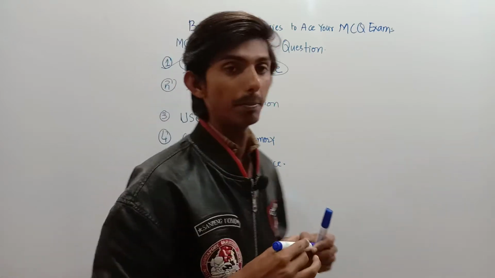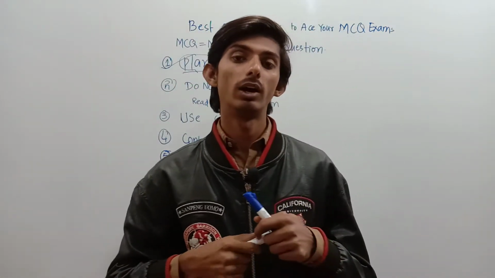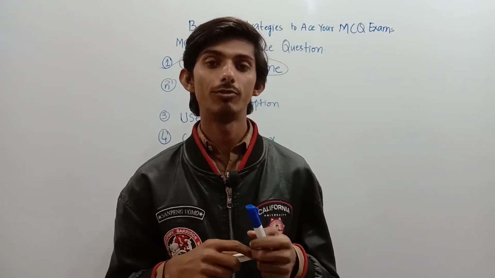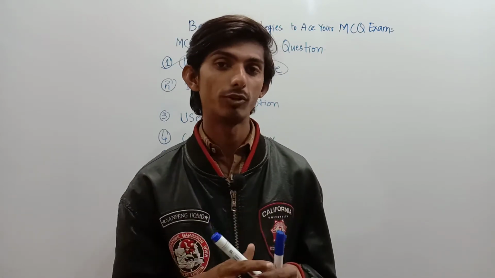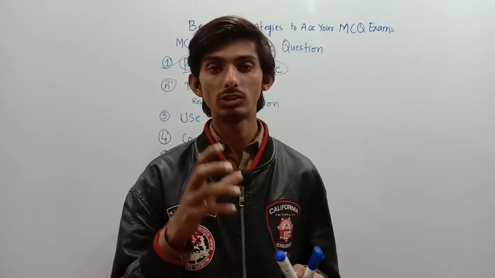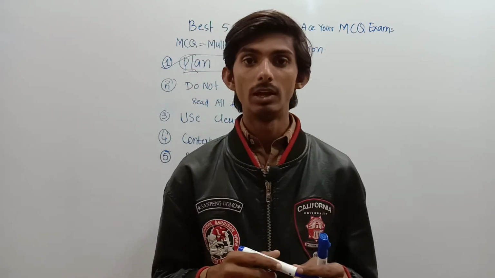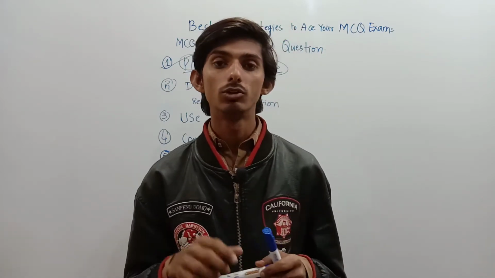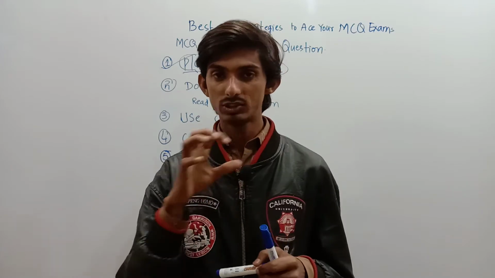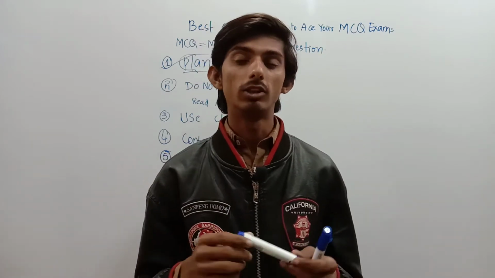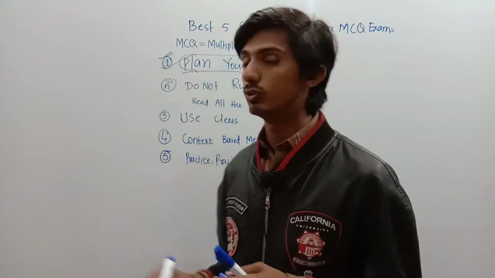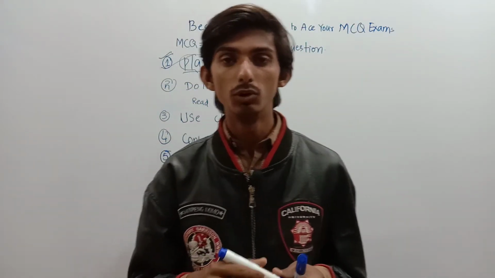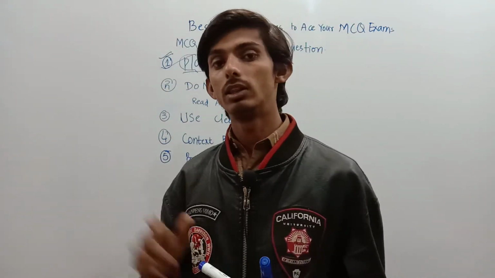If your paper is 1 hour, you have a 1 hour time limit, then you have to make 3 sections of your time. In the first section, you read all the MCQs, and the MCQs which are really easy for you, you just tick them.